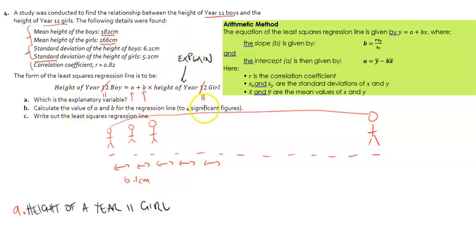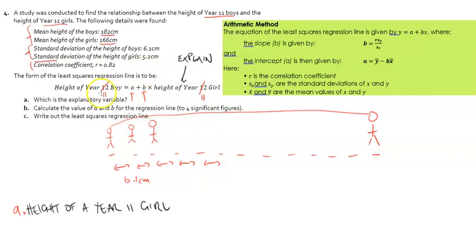Now, in real life context, there's no way that this can be realistically done because these two variables are quite arbitrary. One's not necessarily going to explain the other in a real life context.